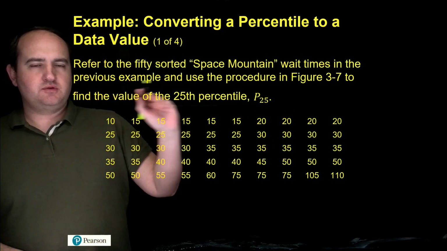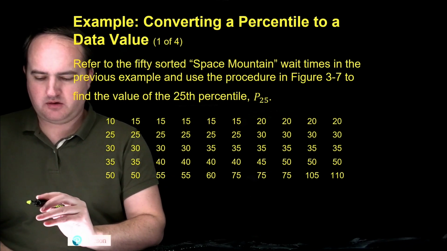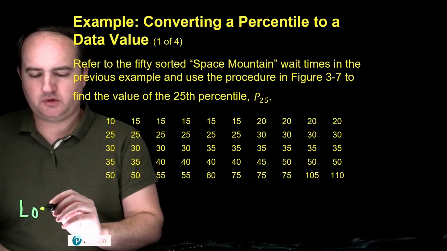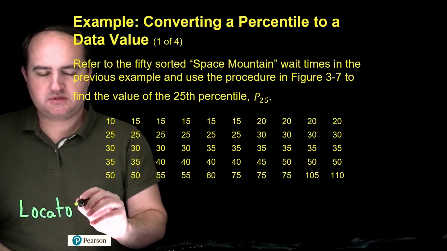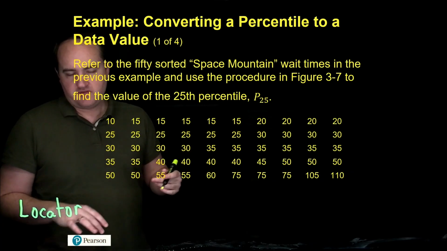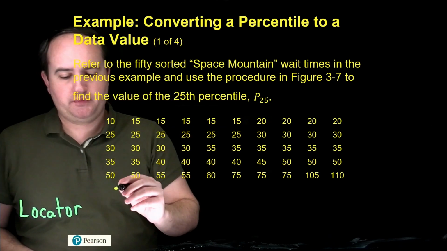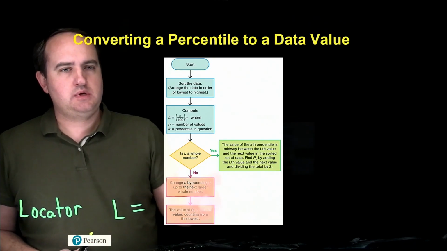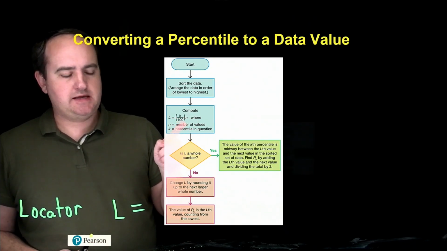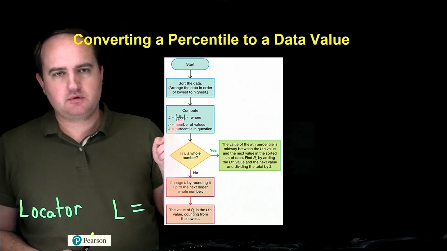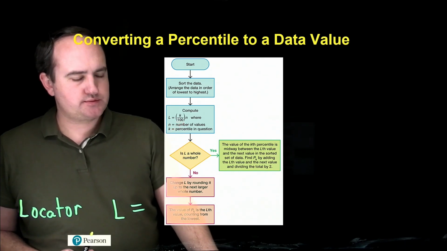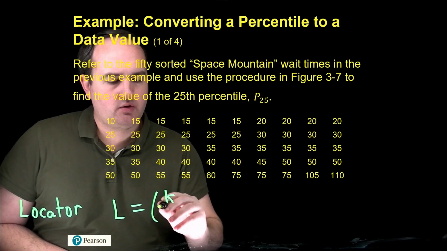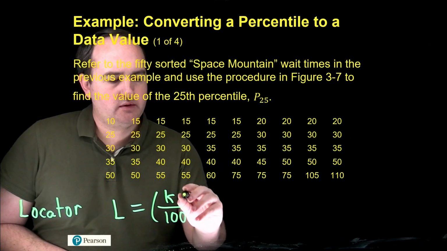All right, so let's jump into an example. Down here, I'm going to go ahead and write the locator formula. The locator formula in the flow chart is L equals K over 100 times N. It's right here on the flow chart if you lose track of it in your notes.